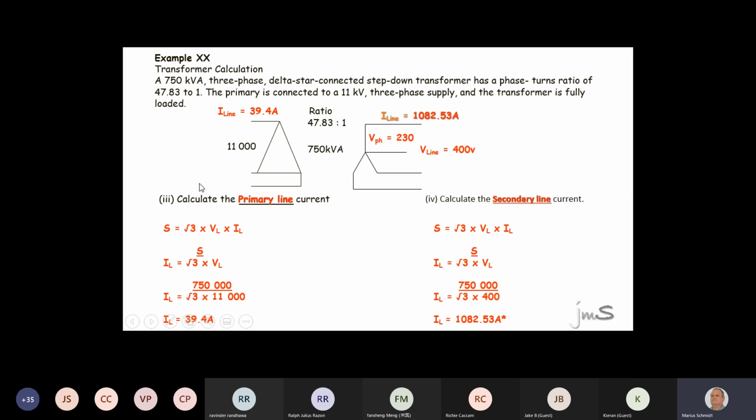Root 3 times 11,000 times 39.4. You should get about 750. Let's go to the secondary side: root 3 times 400 times 1082.